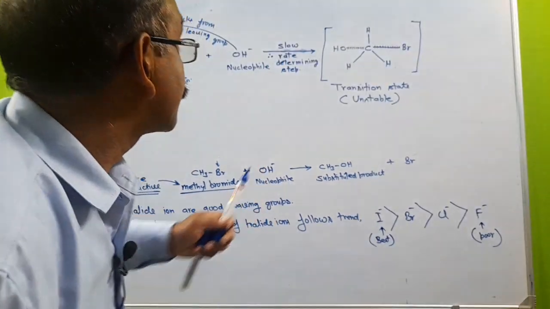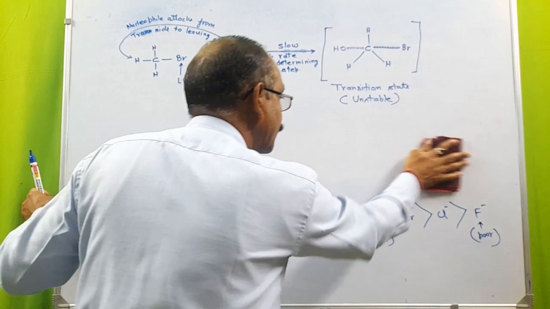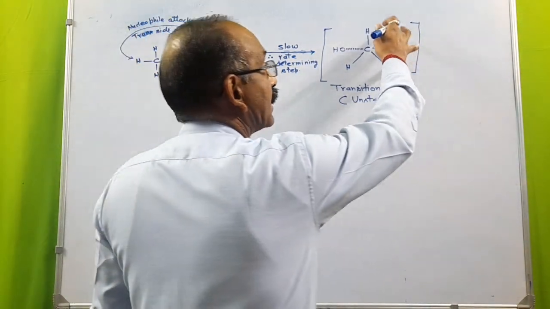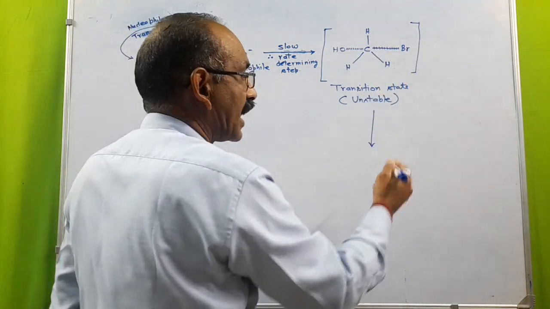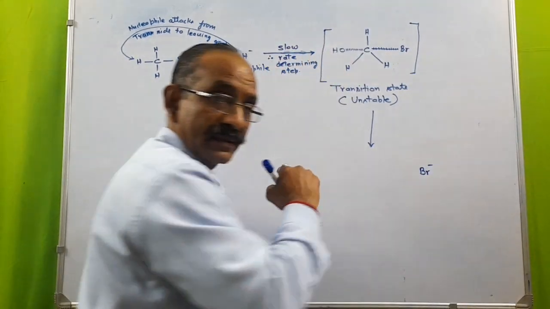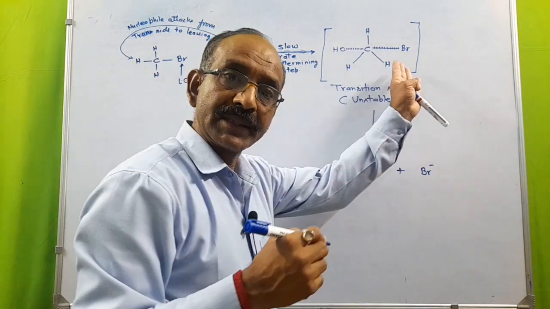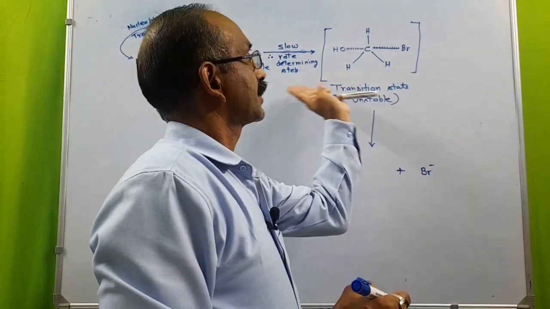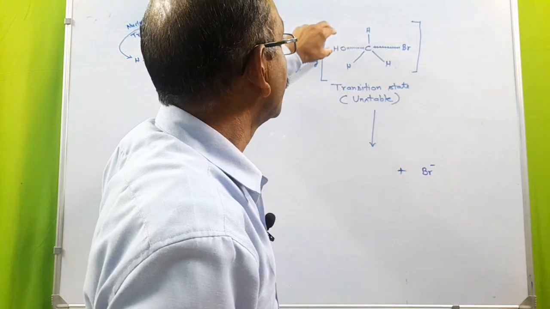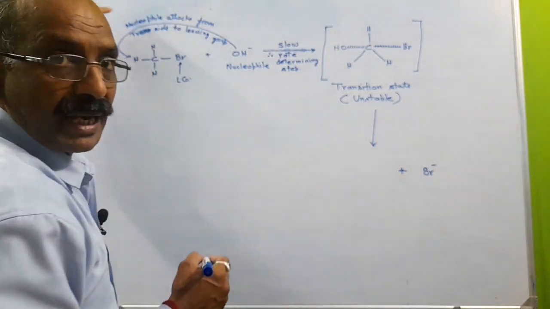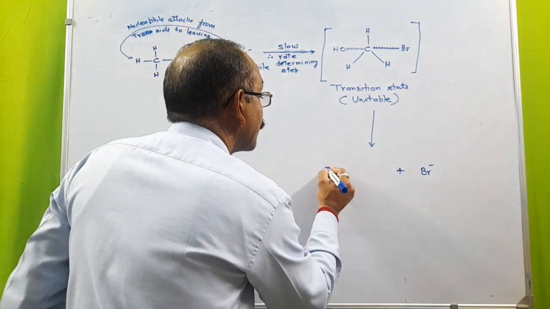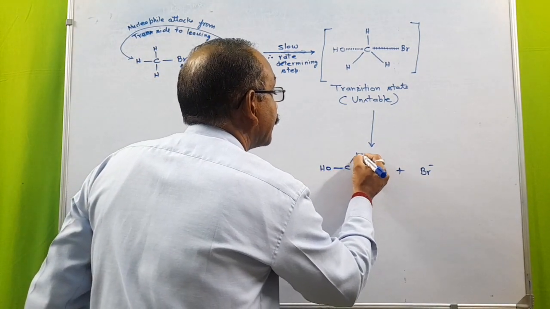And now this transition state, as it is unstable, will immediately set free the Br as Br minus. As soon as the leaving group is set free, the groups lying on the back side will shift to the front side because the nucleophile is attacking from the back side, and here the configuration will get inverted.